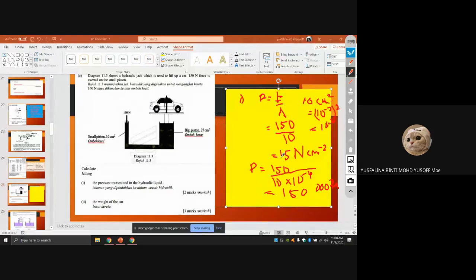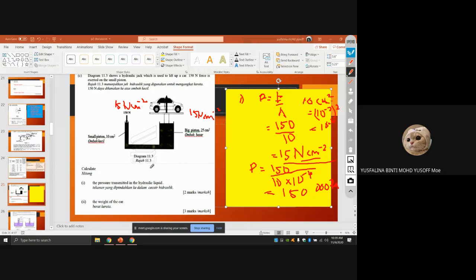So the next one is if you have to measure the weight of the car. We already know that Pascal's principle says the pressure is the same, right? So if I use this value, 15 N cm^-2, on this side it should be 15 N cm^-2 because the pressure is the same.